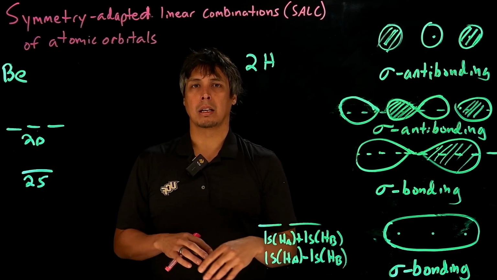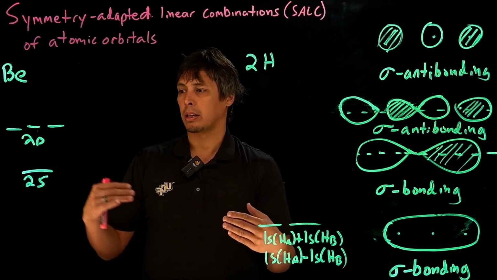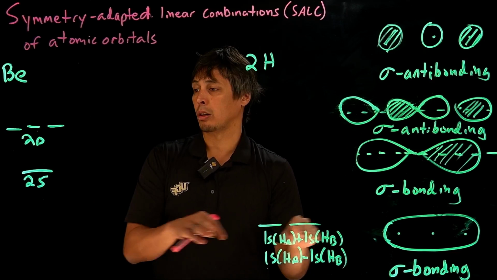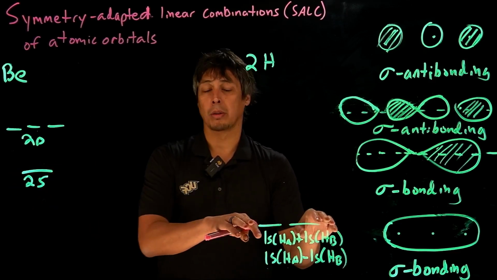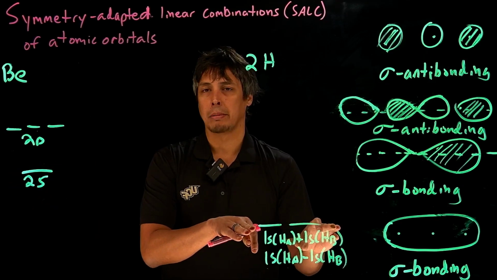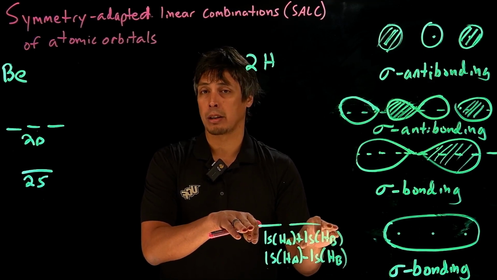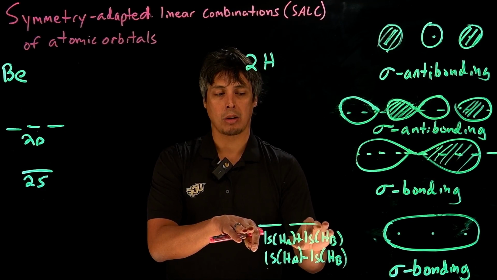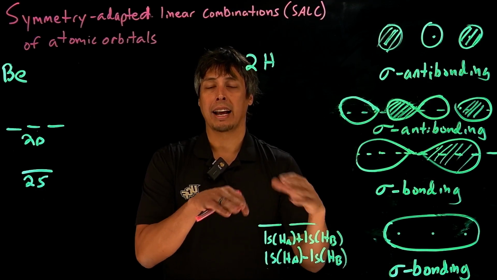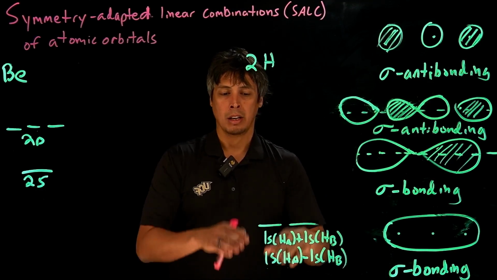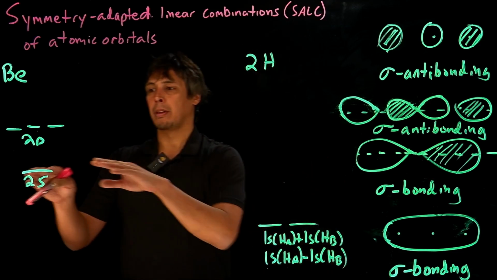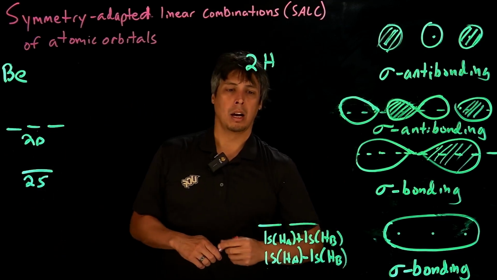And that makes sense, because we expect the energy of a 1s orbital to be much lower than that of a 2s orbital. Because the atomic orbitals that make up the SALCs are not interacting within the SALC, they're going to have the same energy as the 1s orbitals of hydrogen. So these are going to be much lower in energy than the 2s and the 2p orbitals of beryllium, okay?